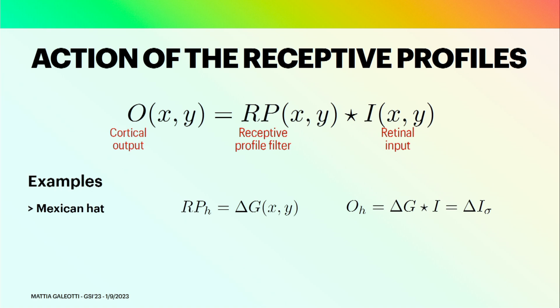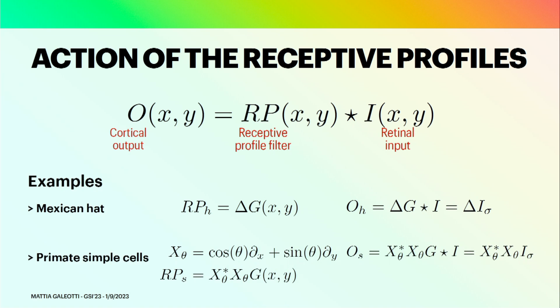An example of these receptive profiles is the so-called Mexican hat receptive profile, which is diffused in rodents. It is the Laplacian of a Gaussian function, and so the action is the convolution of the Laplacian of the Gaussian with the retinal input. I will explain what E sigma is in a moment. Then we have primate simple cells.